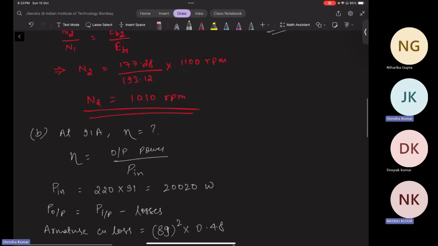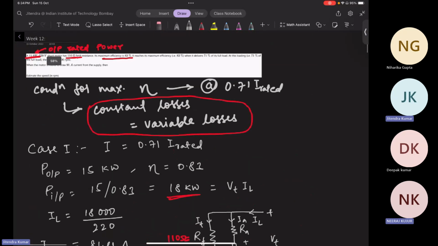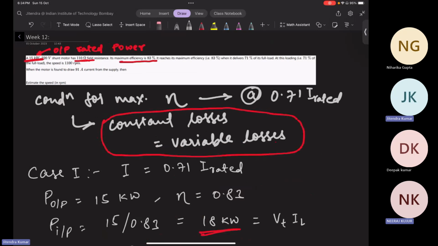Any final doubt in this part or in this entire question? Sir, we can include the field losses in constant losses only in case of shunt machines, no, sir? Shunt machine and separately excited also, wherever it is not mentioned, if the field is fixed.